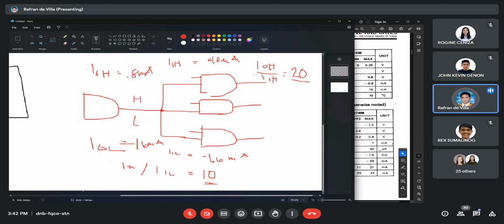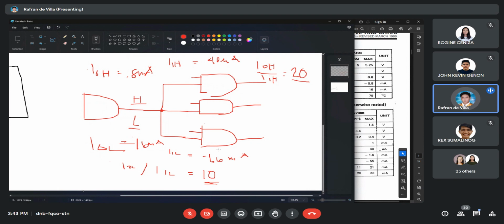So if you are connecting here 20 ka AND gates, guys, okay ra na siya kung high permi ang output. Problema kung mo-low ang output, kulang na ang kuryente nga kaya niyang ma-supply for the AND gates. Nakita ninyo ang problem? So you will need around 32 milliamps to control an input of an AND gate requiring 1.6 milliamps. Okay?